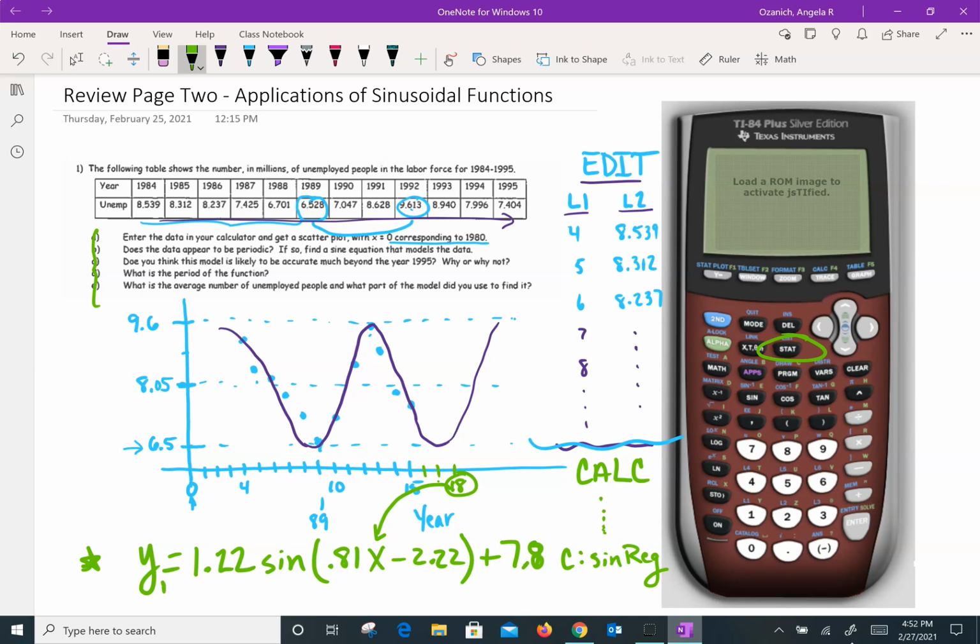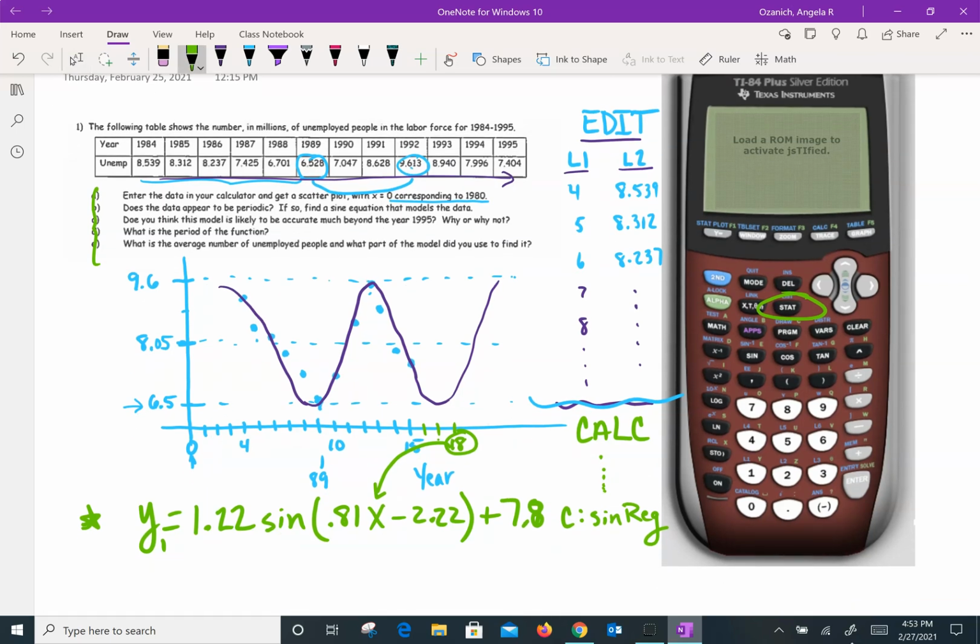Also remember that you can put this into your calculator in y sub 1, and then when it asks, for example, during what years the unemployment rate dropped below, let's say, 7.3, what you can do is put into y sub 2 that number that you're trying to find.